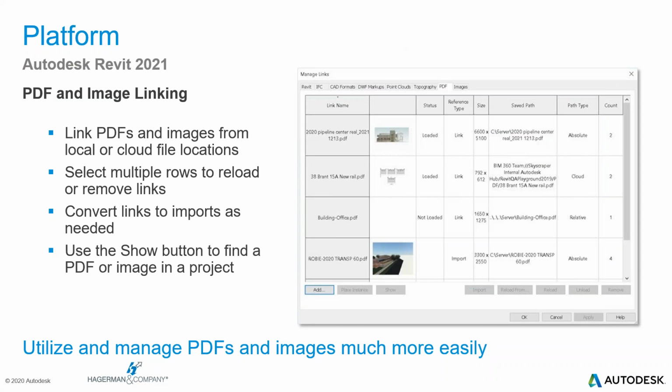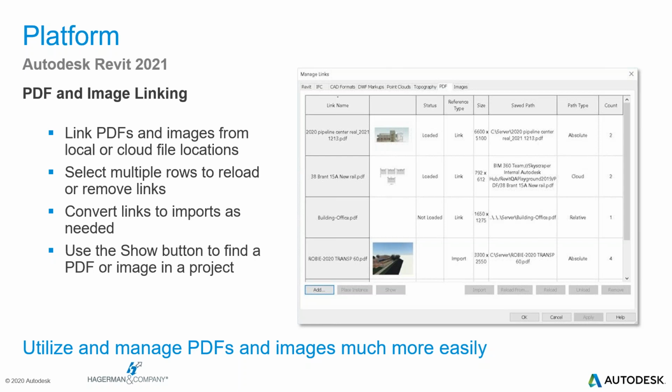So you can now link and unload images and PDFs and project models locally and from the cloud. You can easily keep this information updated while also not increasing file size or embedding the image or PDF file for security or IP reasons.